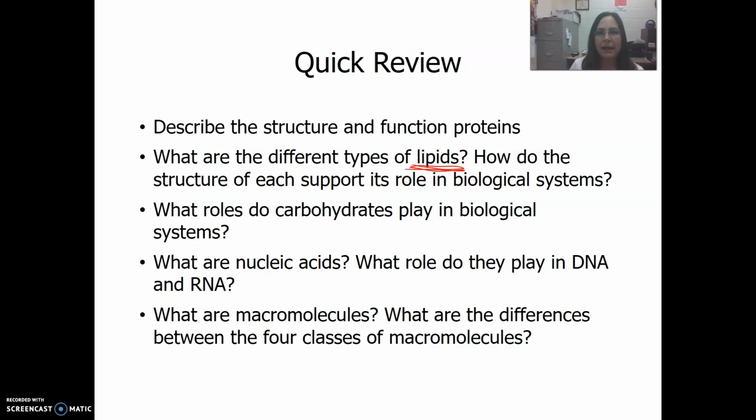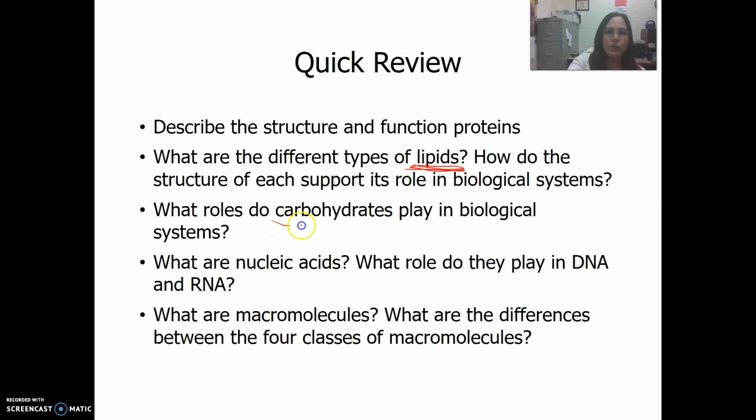Oils tend to be unsaturated, and fats tend to be solid and saturated. Oils tend to come from plants, whereas saturated fats or solid fats tend to come from animals. There are waxes, there are phospholipids found in our cell membranes. There are steroid hormones. The precursor of steroid hormones is cholesterol.